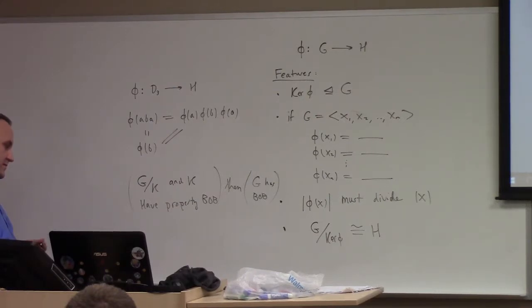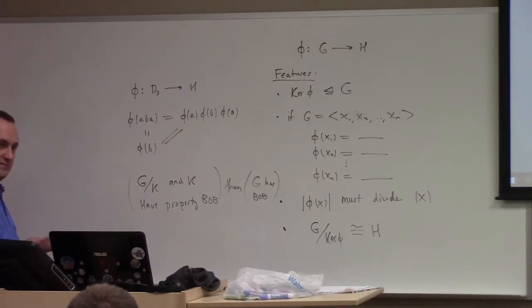I think looking for isomorphisms is actually easier. With an isomorphism, we don't just get that the order of the image divides the order of the element; we have that the order of the image is the order of the element.